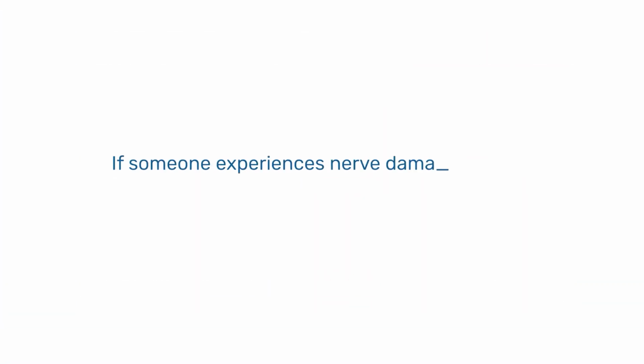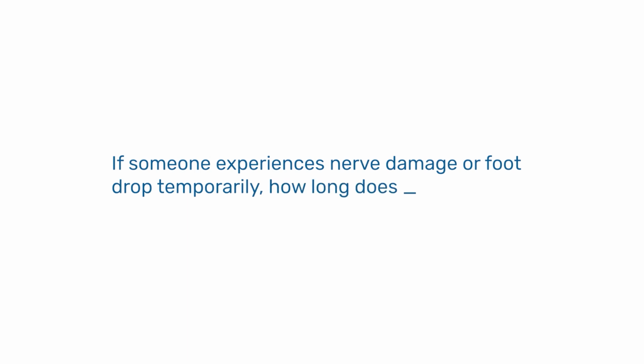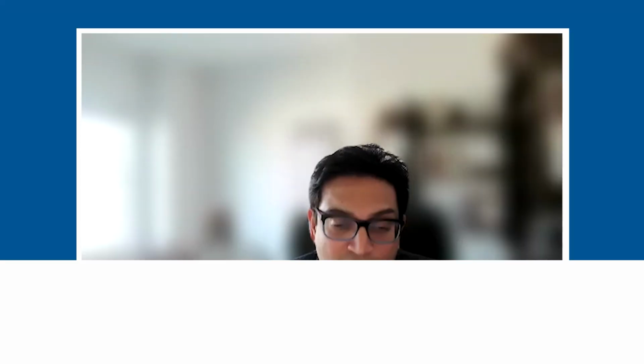And for nerve damage and foot drop, if someone experiences that, you said it's temporary. Do you have any type of time range for how long that would last? Yeah, again, when I say that, this is out of my own experience I'm speaking. It also depends on how the damage has occurred. If you go through a nerve or if you injure the nerve directly, then the damage can be permanent.